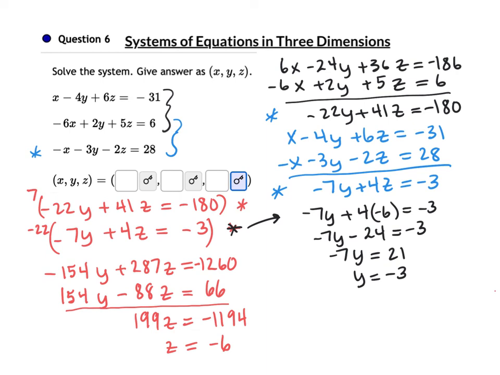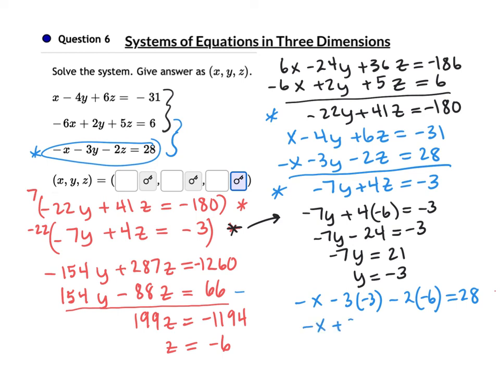Pick one of your original equations. I'm going to pick this one. The opposite of x, so negative x, we don't have x, minus 3y, 3 times negative 3, minus 2z, minus 2 times negative 6, equals 28. And this is negative x plus 9 plus 12 equals 28, which is negative x plus 21 equals 28.